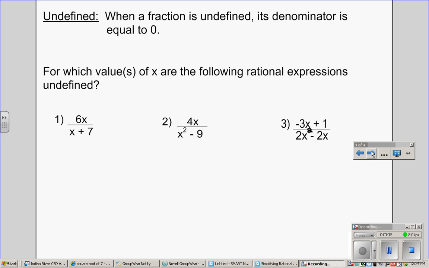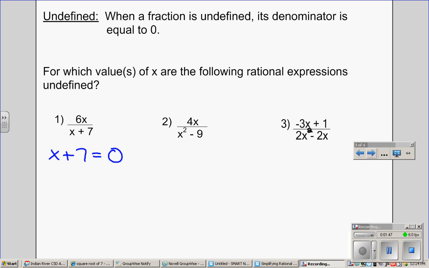You'll get questions that ask you for which value or values of x are the following rational expressions undefined. So we're looking for the value of x that would make our fraction's denominator equal to 0. So what you're going to do is just take your denominator, set it equal to 0, and solve.